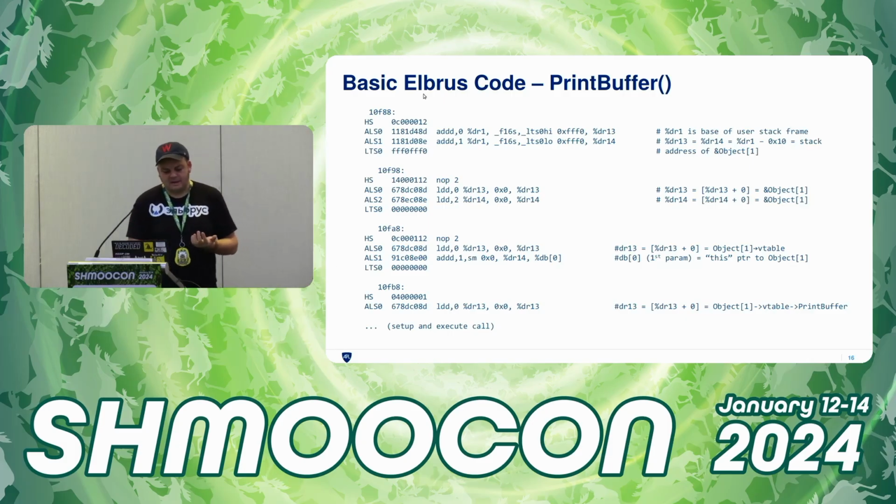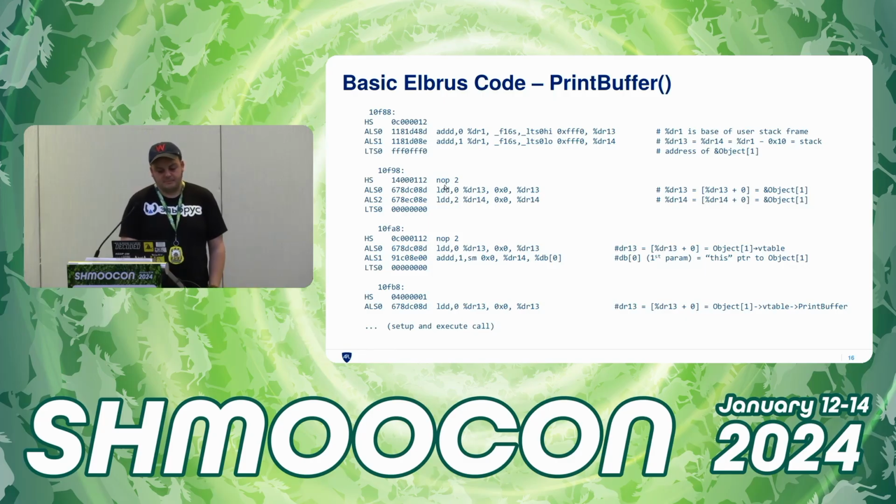Basically, what I modified in binutils was to print out this instruction decoding information on the side here. It's printing out the header syllable and then what the other syllables are.